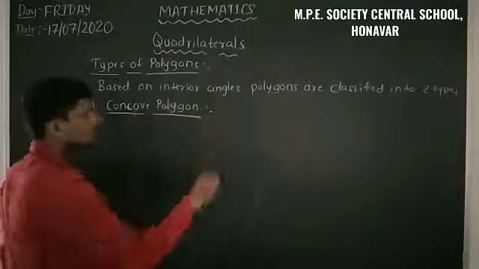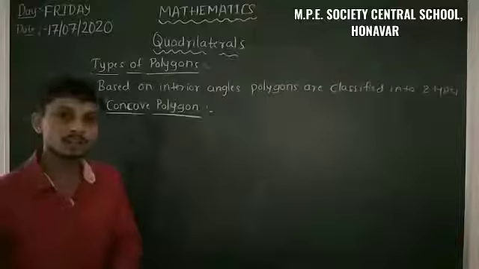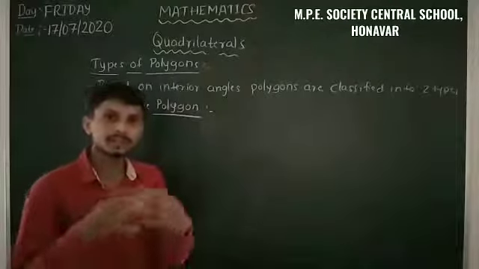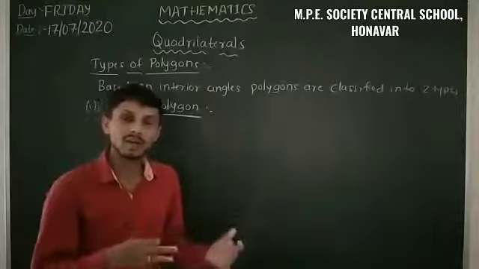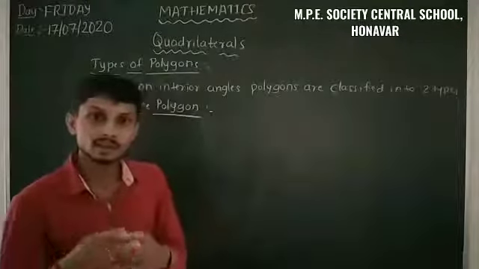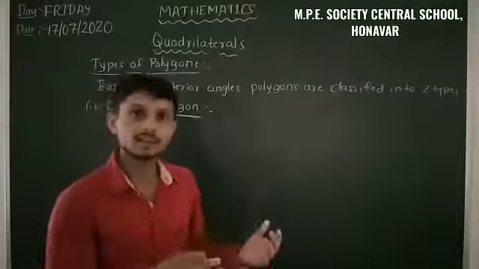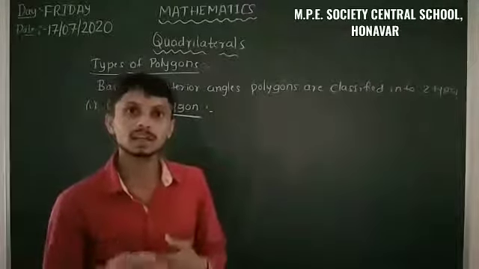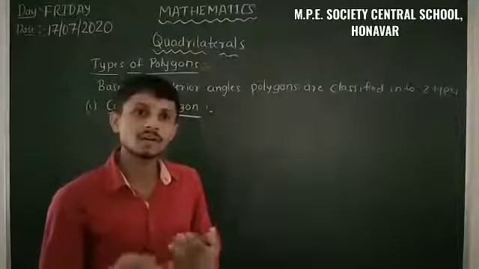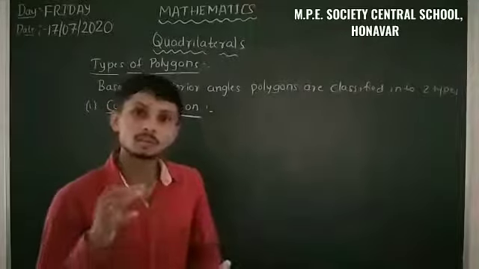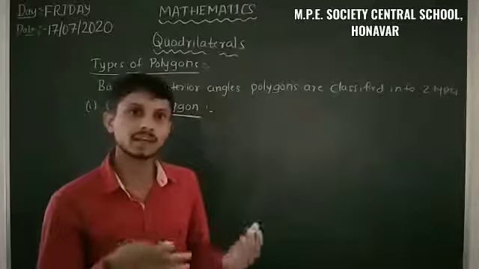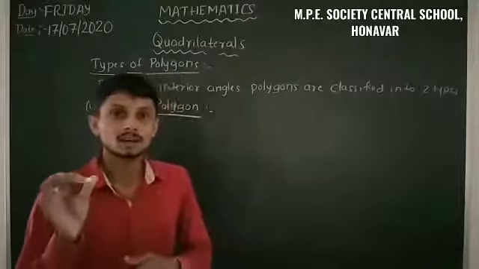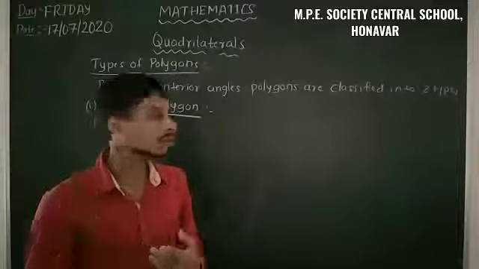So what is meant by a concave polygon? It is the inverse of a convex polygon, that is, a polygon having at least one angle pointing inward and having an angle of more than 180 degrees.